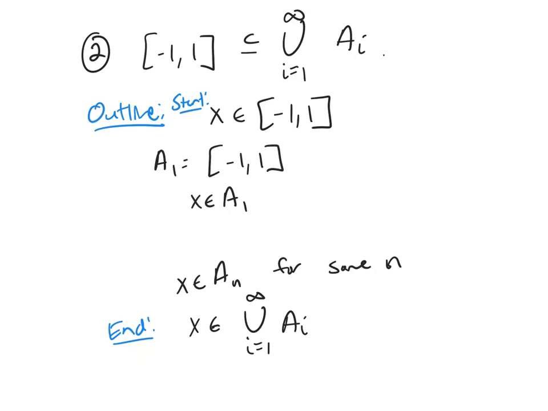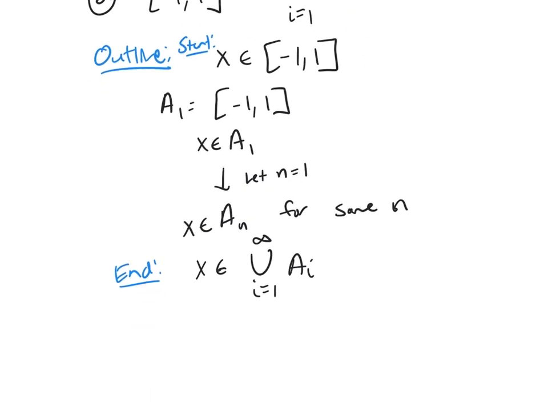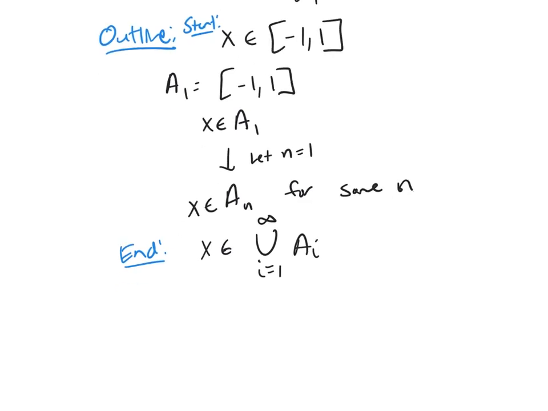So then I can let n be 1, and that statement would be true. x is in A_1, so x is in A_n for some n. So again, this is the outline of the proof. You should go back and write the formal part of the proof.